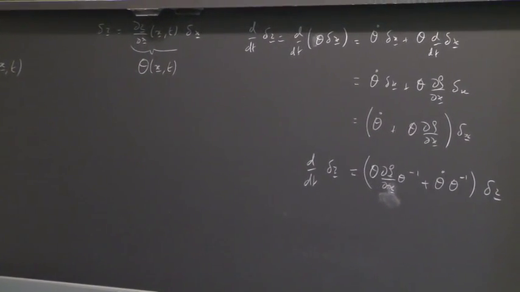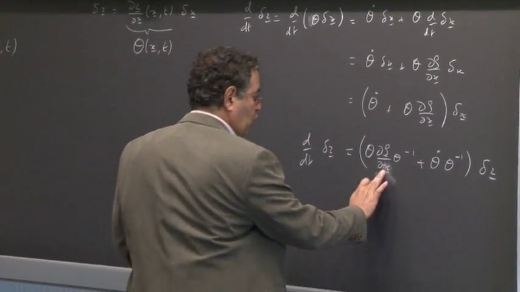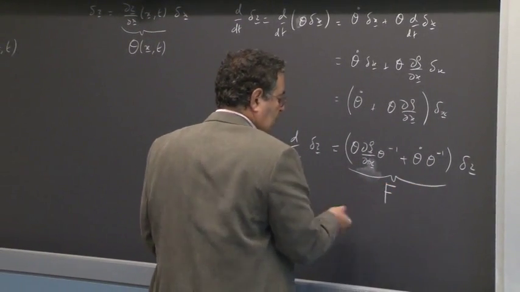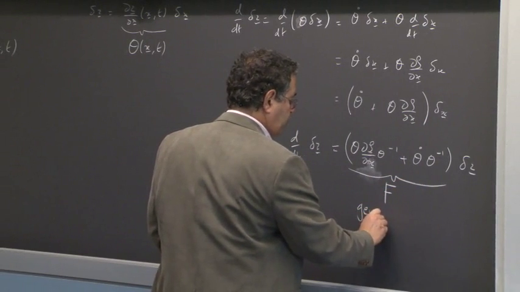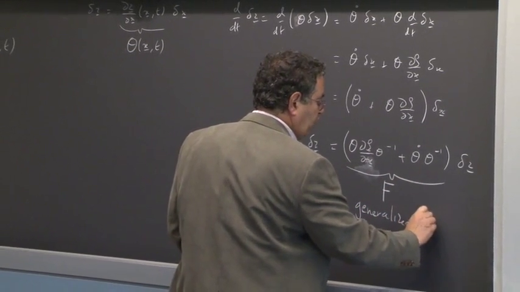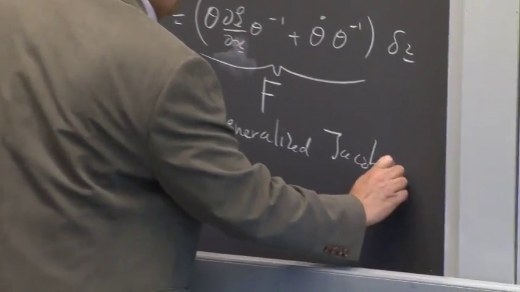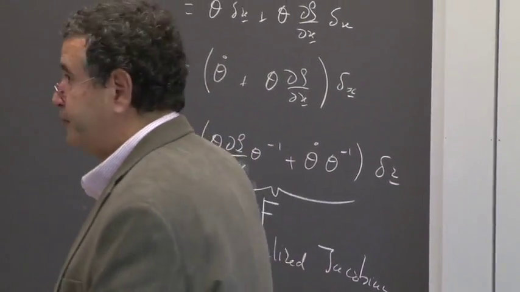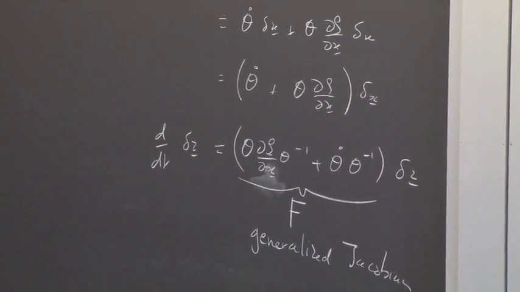Okay. Now, this, in a sense, we can give it a name, okay? Let's call it, for instance, capital F. And it's a sort of Jacobian, right? It's what you could call a generalized Jacobian, because we had up there, I'll rewrite it, right?